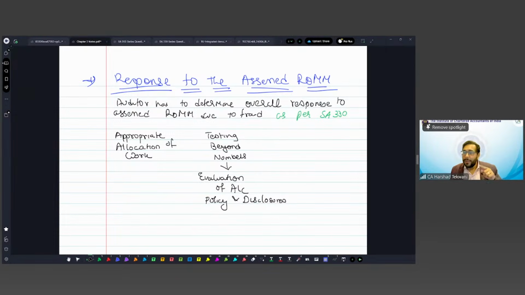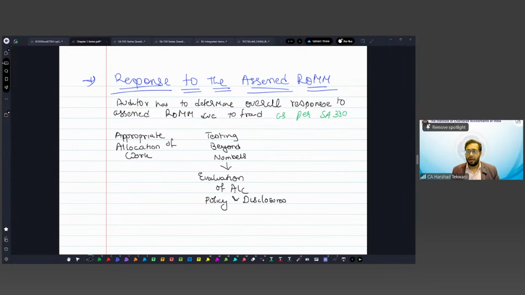The accounting policy was designed intentionally in such a way that you can manipulate the revenue. This is a very simple example, but there are scenarios where management decides the accounting policy in such a way that they are able to manipulate the revenue.